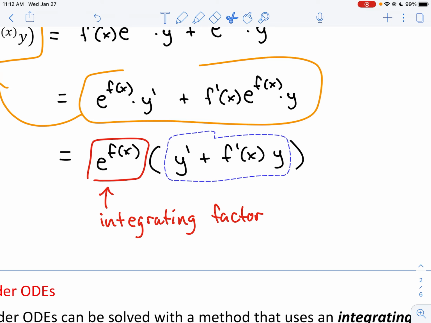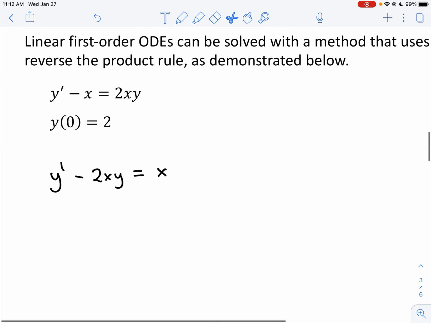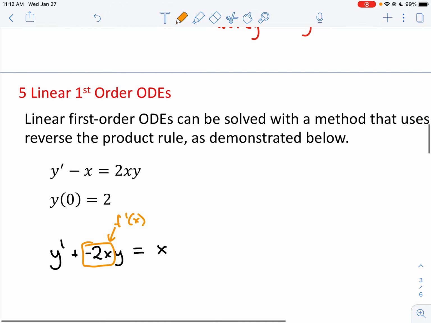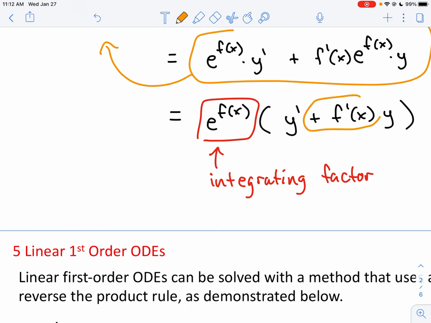And then we have a plus f prime of x times y. So it's good to think of this subtraction here as adding a negative. So I'm going to do that instead. And then we have what we consider the f prime. So this right here is the f prime of x that's in this structure right here.